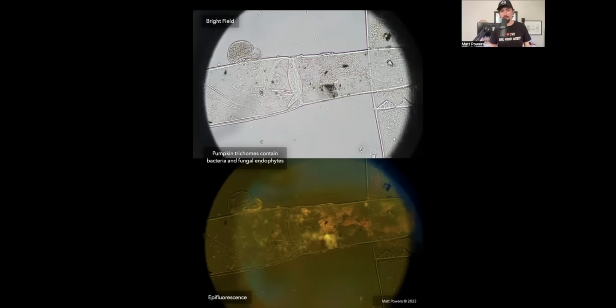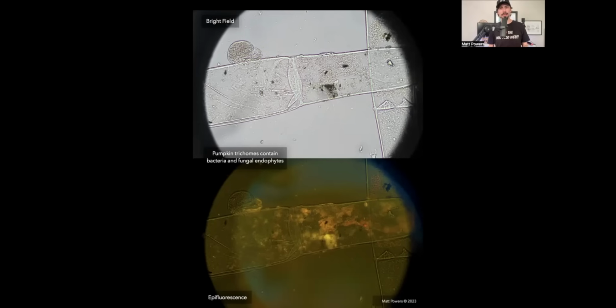So this right here, bright field is on top, epifluorescence is on the bottom. You can also see that there are things going on here inside the trichomes. There are bacterial and fungal endophytes. There's behaviors here that are like the roots, but different.